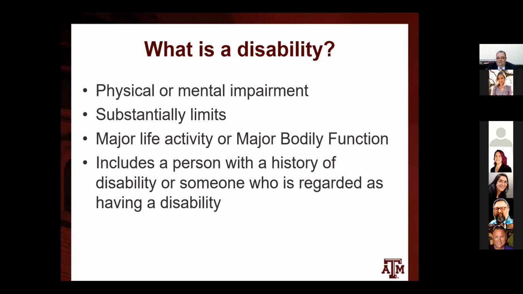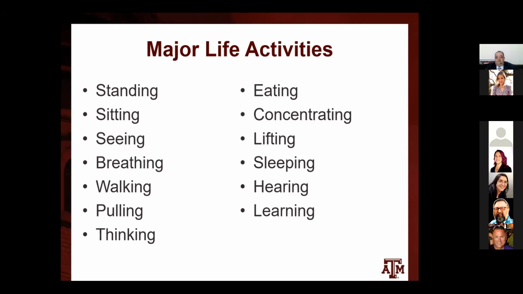Basically, what I did was pare down the definition from the law into its sections. So the first, it has to be a physical or mental impairment that substantially limits a major life activity or major bodily function, which is defined in the law. And this can also include people that are regarded as having a disability.